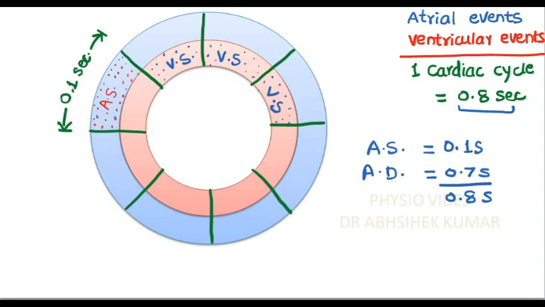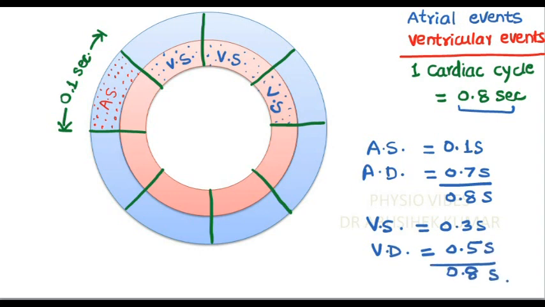Similarly, the duration of ventricular systole will be 0.3 seconds, and that of ventricular diastole will be 0.5 seconds. Again, adding up these two, 0.8 seconds. So we can see this circular representation of the cardiac cycle. In order to understand the further minute details of the cardiac cycle, we need to memorize this diagram. We need to keep this diagram in our mind.